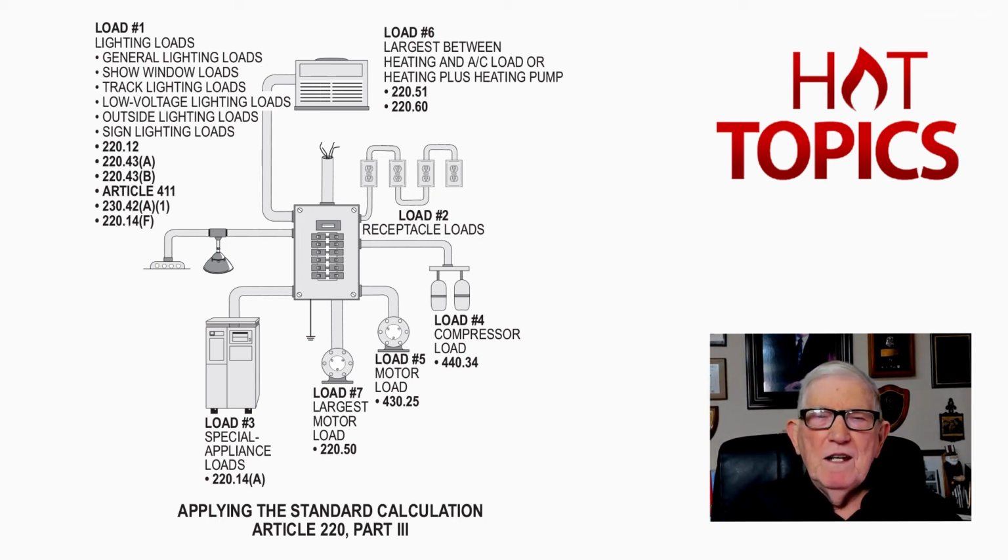And if you had heating and it was gas, then the air conditioner could become the largest motor. We know that in 440.34 of the code. So you would usually select the largest motor from load 4, 5, or 6. And that's the 7th one, and we do that in accordance with 220.50 of the NEC.